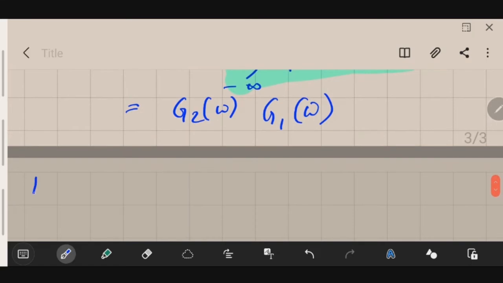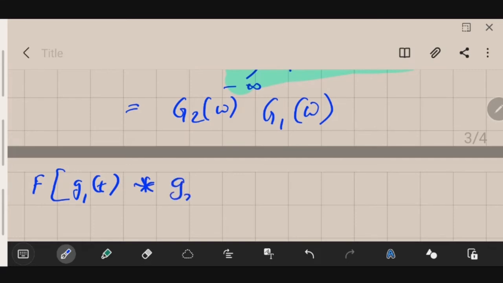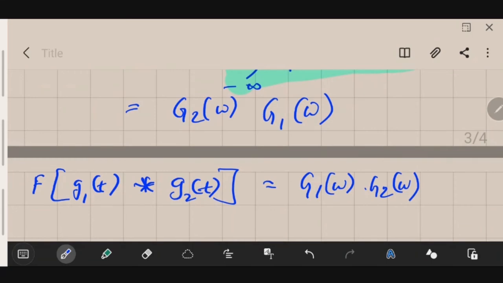I can now write that the Fourier transform of g1 of t convolved with g2 of t is equivalent to g1 of omega multiplied with g2 of omega. It is as simple as that. This is the time convolution property of the Fourier transform, a very useful property which is in use in a lot of devices that we use today.